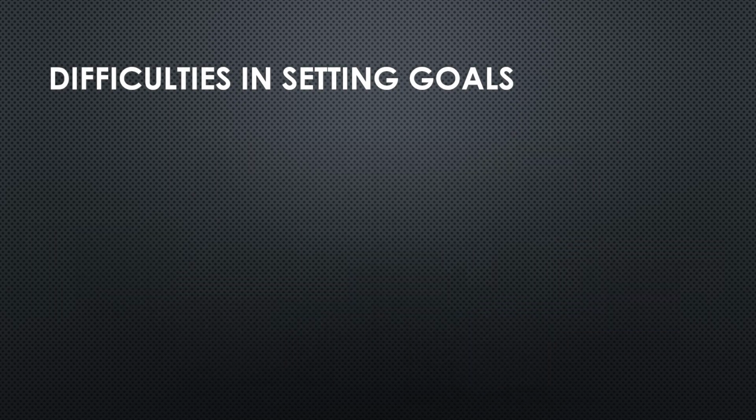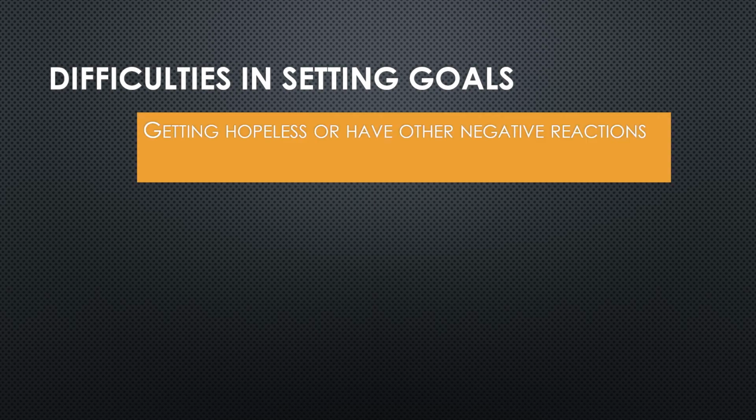Another kind of difficulty that you might encounter is your clients getting really hopeless, or having other negative reactions. Then you want to assess clients' negative automatic thoughts and explain how having these kinds of negative automatic thoughts directly impacts your client's functioning, and how you're going to be working with them to address those negative thoughts.